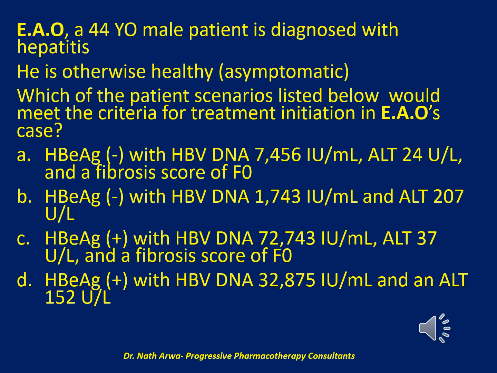HBeAg negative, with HBV DNA of 7,456 IU per milliliter, ALT of 24 units per liter, and a fibrosis score of F0, or B. HBeAg negative, with HBV DNA of 1,743 IU per milliliter and ALT of 207 units per liter, or C. HBeAg positive, with HBV DNA of 72,743 IU per milliliter, ALT of 37 units per liter, and a fibrosis score of F0, or would it be D. HBeAg positive, with HBV DNA of 32,875 IU per milliliter and an ALT of 152 units per liter?